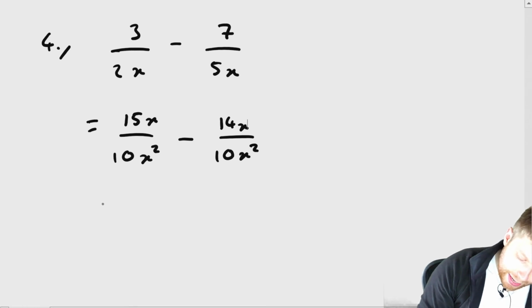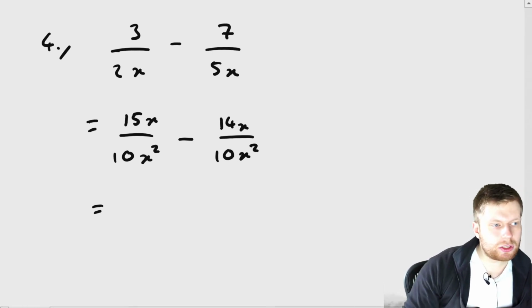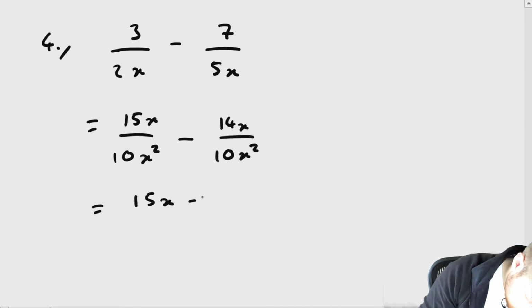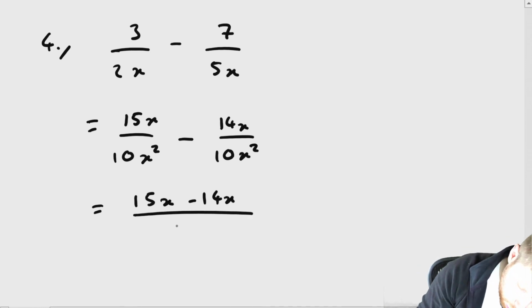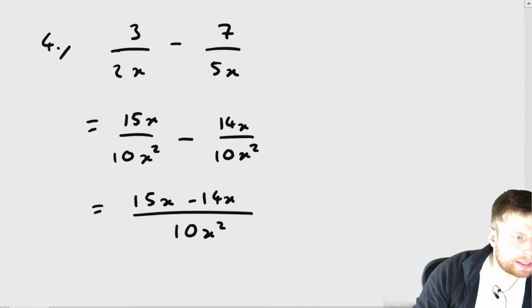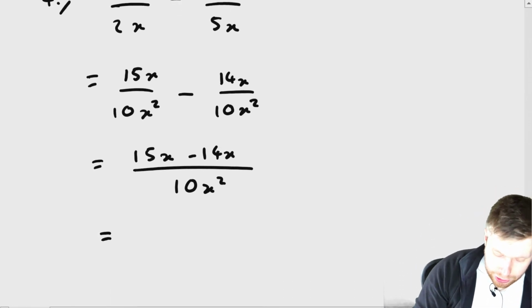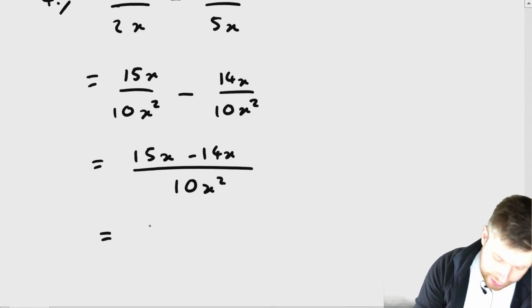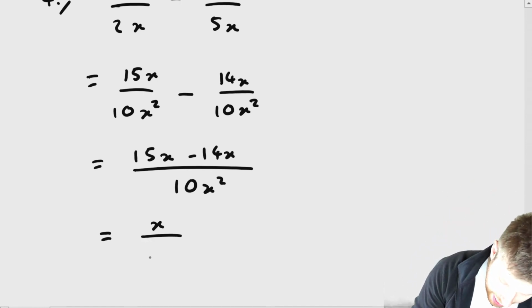All right. Now, if I subtract these two things, I have 15x take away 14x on the numerator, and that's all over a denominator of 10x squared. That stays the same. So now what's left to do is collect together any like terms on the numerator. Well, 15x take away 14x, that's just going to give me x. So I have x over 10x squared.